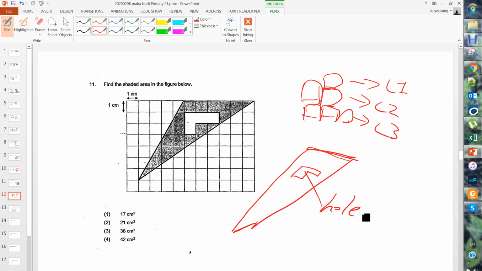What do they want to find? The shaded area. So what's your strategy? To find the shaded, what you need to do?